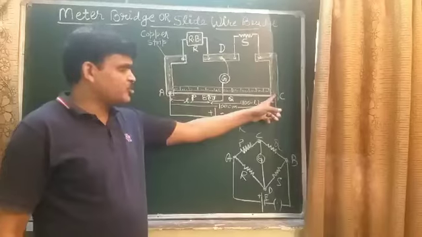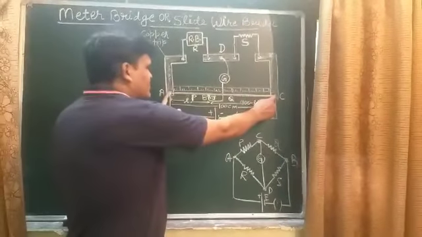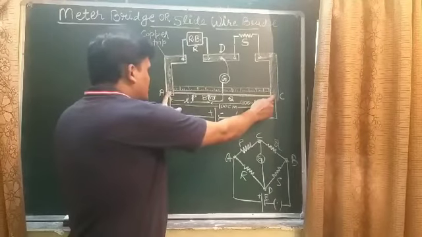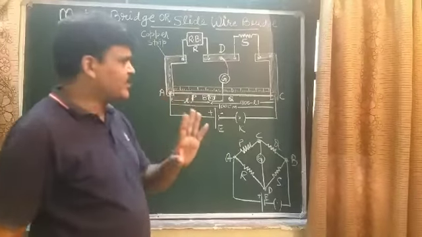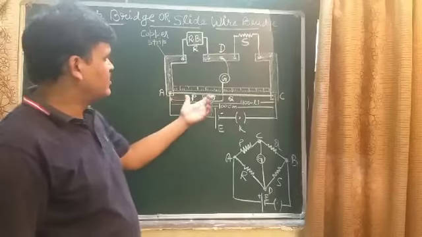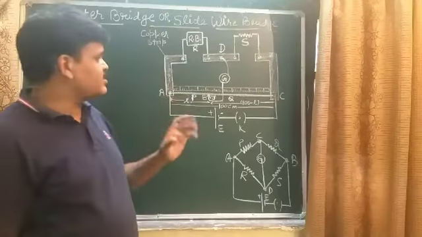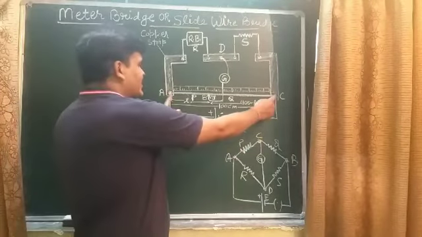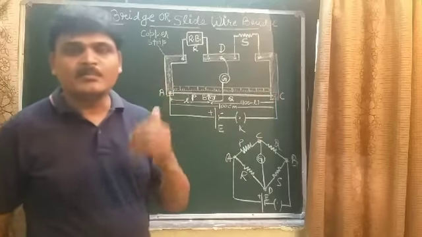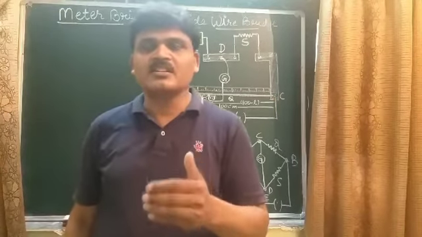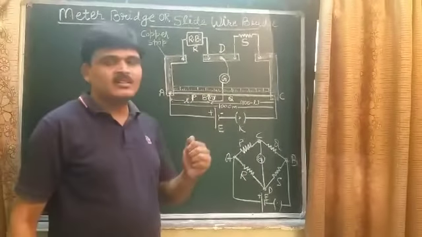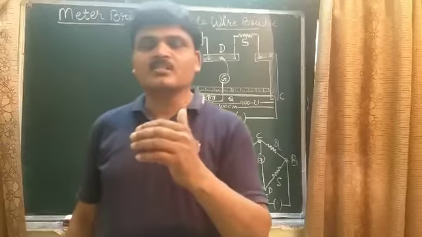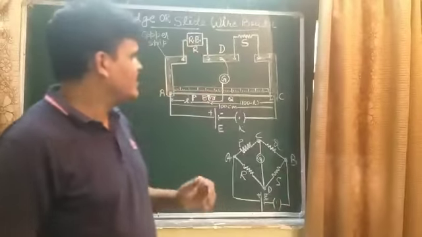Here AC is a wire whose length is 100 centimeter, that is 1 meter. The meter bridge consists of wire AC of manganese or constantan of 1 meter length and uniform cross-sectional area.